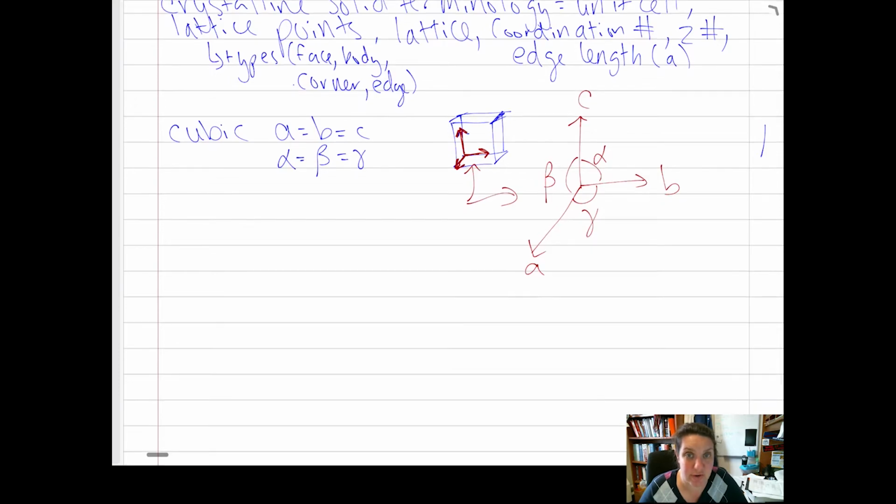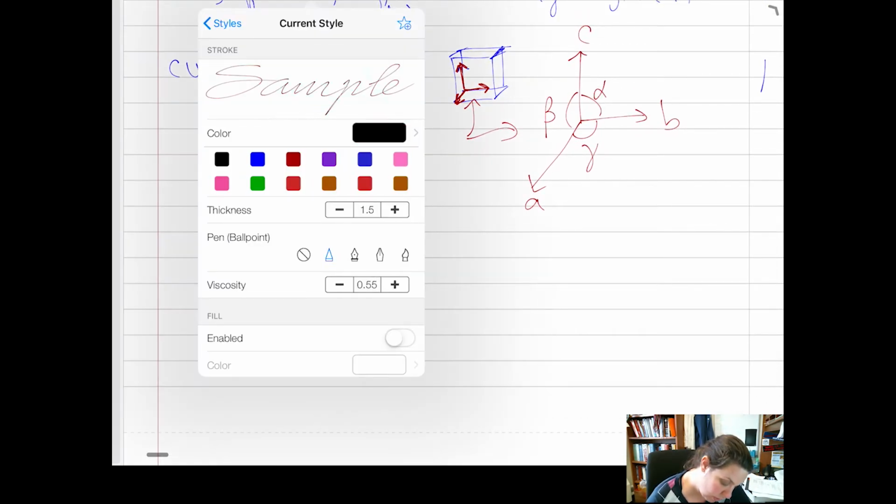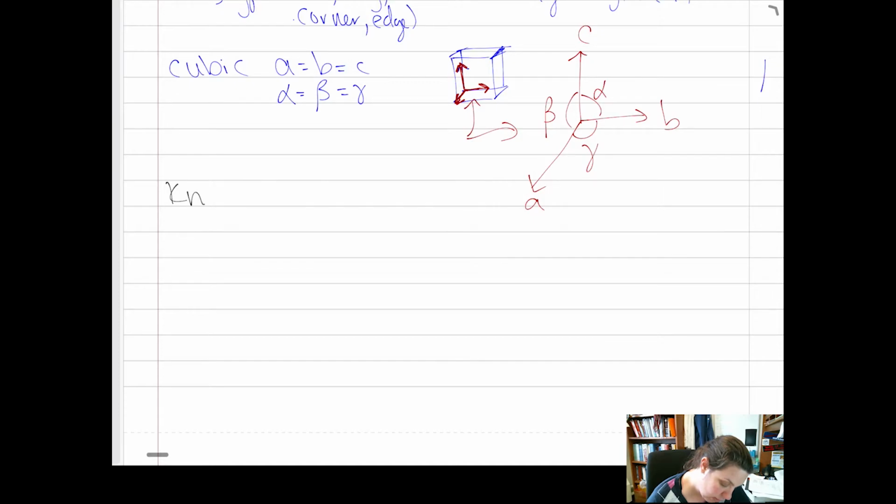So you should know your different cell types. You should know the 3D and 2D, although I won't ask you the 2D on this test, but you might need 2D later on in life.